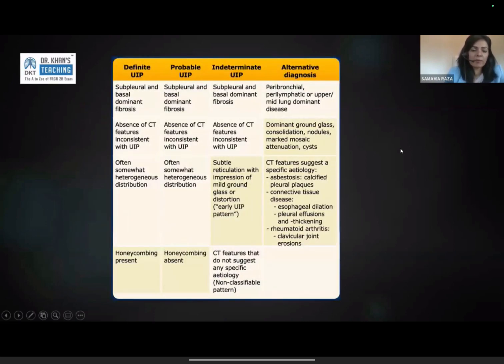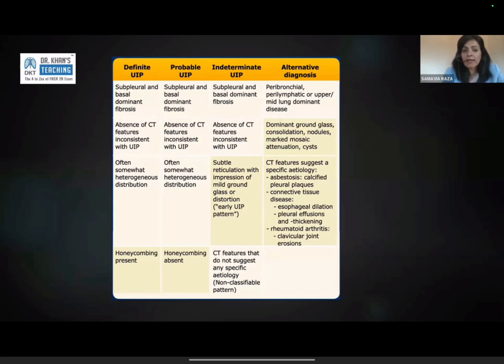Definite UIP, probable UIP, both basal predominant, both subpleural. The main thing to consider for these two, definite and probable, is that you don't see any other predominant abnormality other than reticulation. Too many lines in the lung is the main problem.